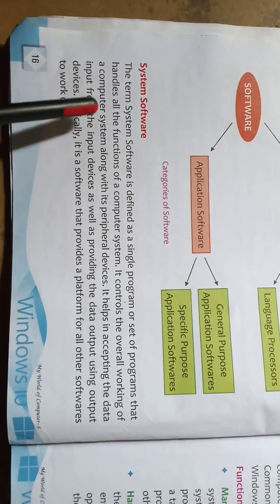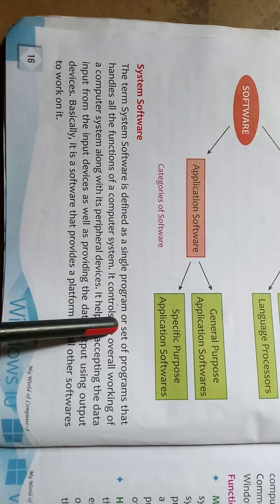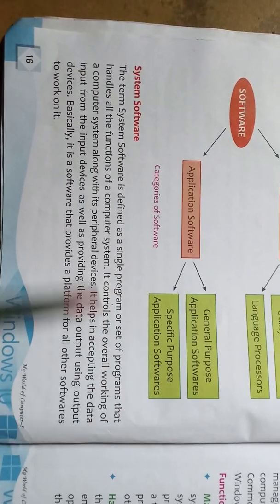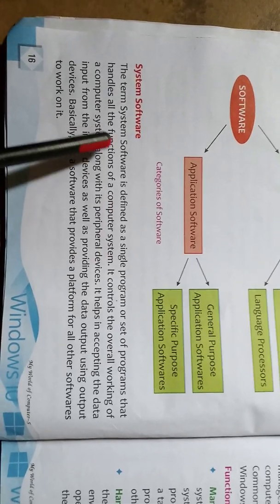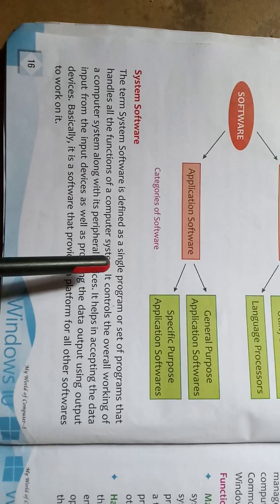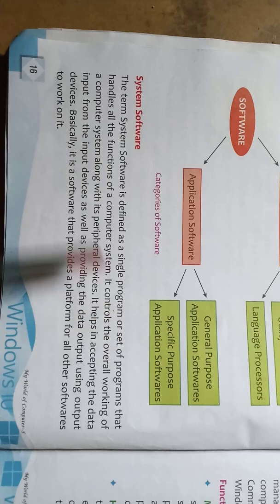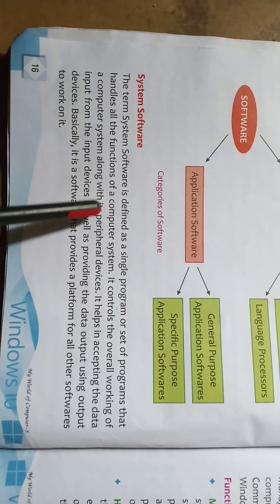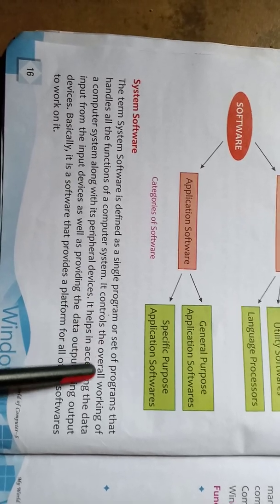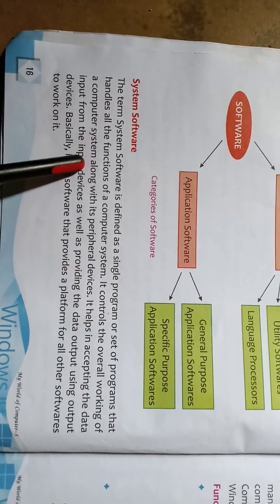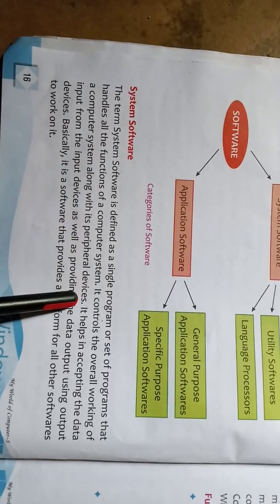System software, the term system software is defined as a single program or set of programs that handles all the functions of a computer system. It controls the overall working of a computer system along with its peripheral devices.